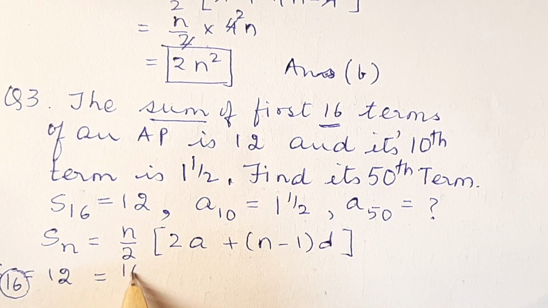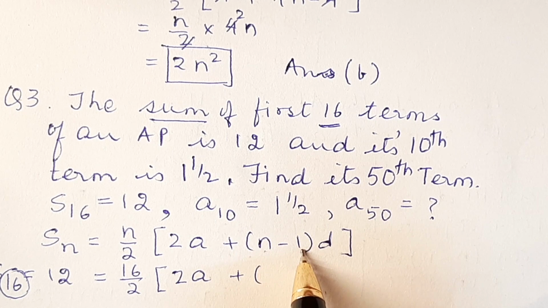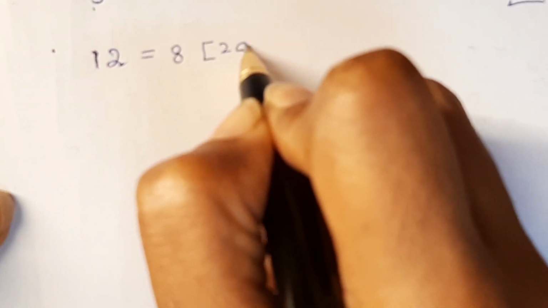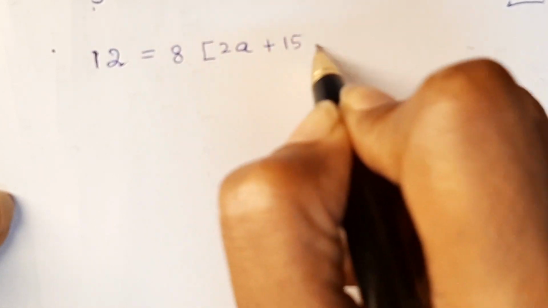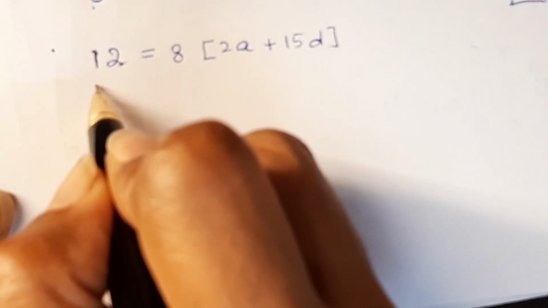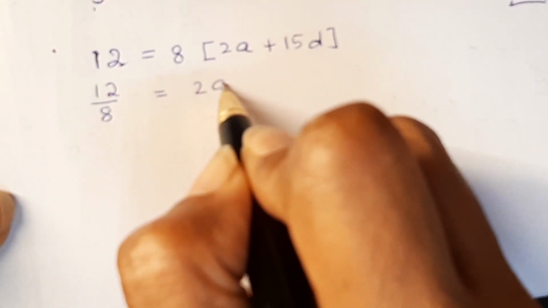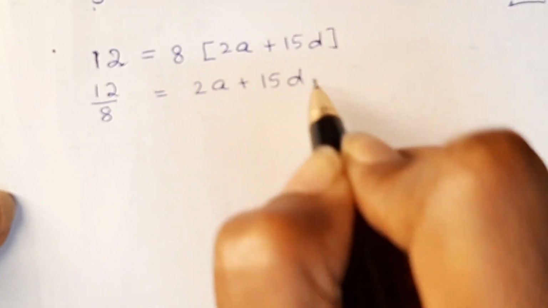So n upon 2 becomes 16 upon 2, 2a as it is plus 16 minus 1, which is 15 into d. In our next step, we will write 12 is equal to 8 into bracket 2a plus 15d. And so we will have 12 upon 8 equal to 2a plus 15d.